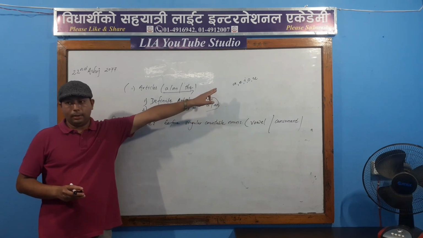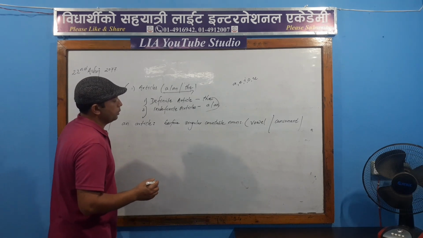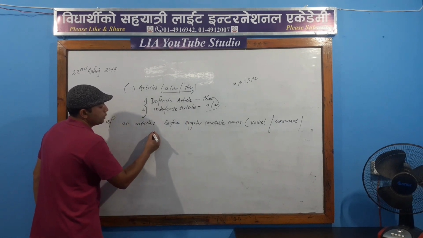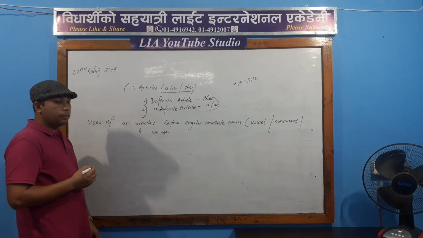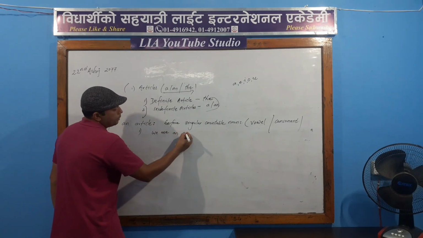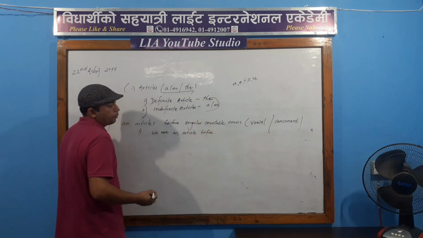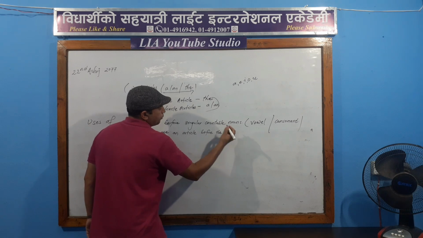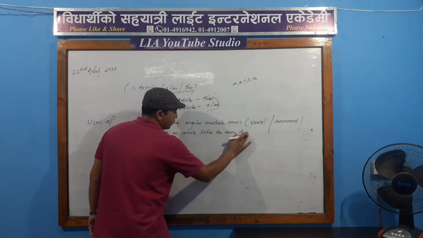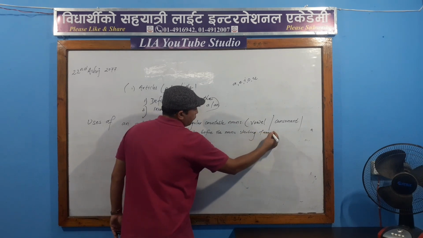But we will not go through the letters, we will go through sounds. So, rule number 1: we use an article before the noun having, let's see, starting from a vowel sound.